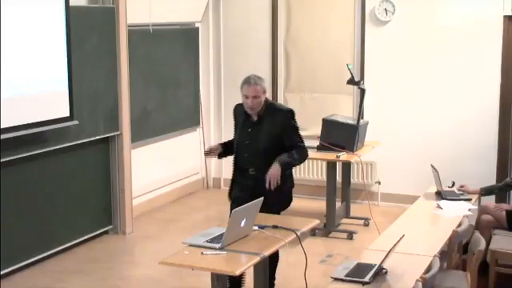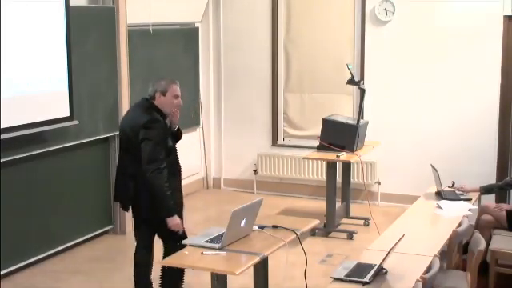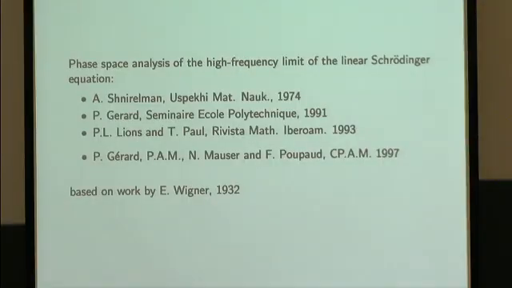Okay. But all this is very well known. It just serves me as a lengthy introduction. Just to give a few references: phase space analysis of the high frequency limit of the linear Schrödinger equation basically already appears in the year 74, maybe even before that. Work by Schnirelmann, Patrick Gérard in the 90s.